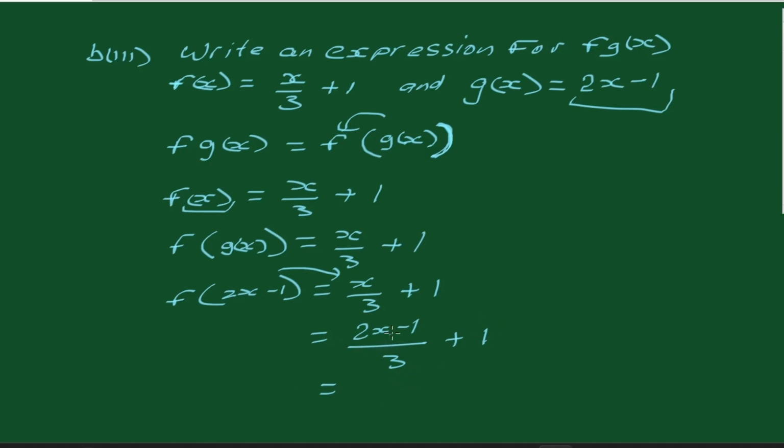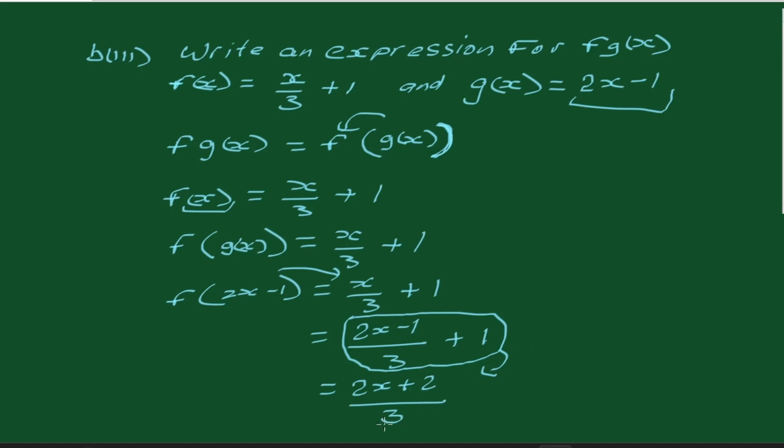This part of the equation could be simplified to 2x plus 2 all over 3. So when we simplify this, we arrive at 2x plus 2 all over 3.